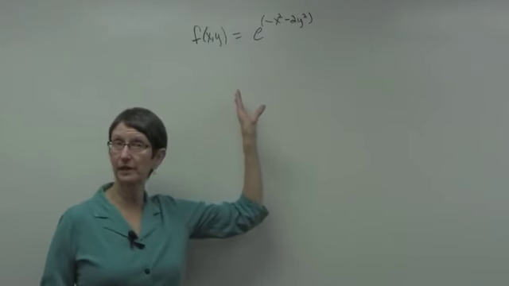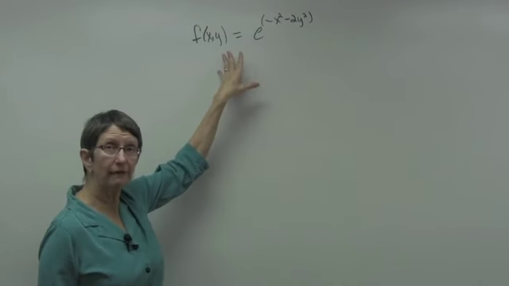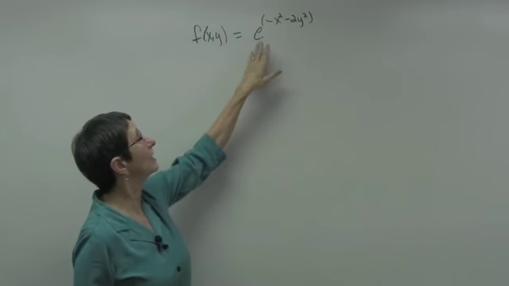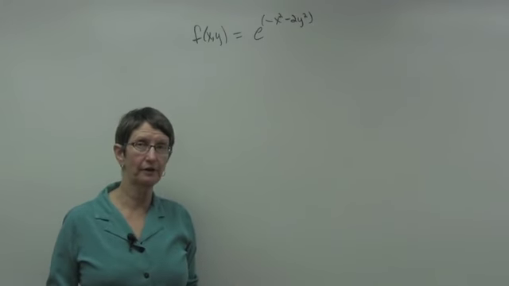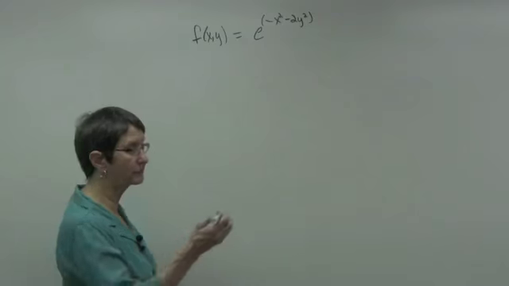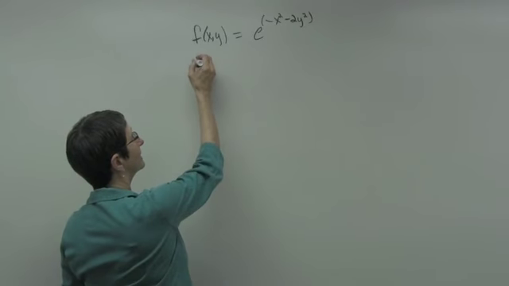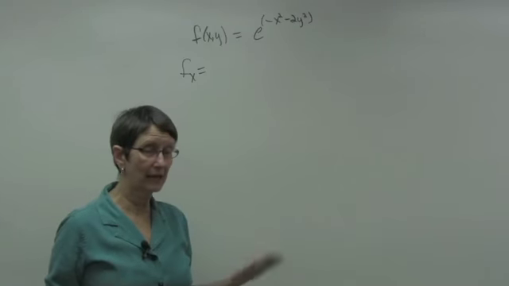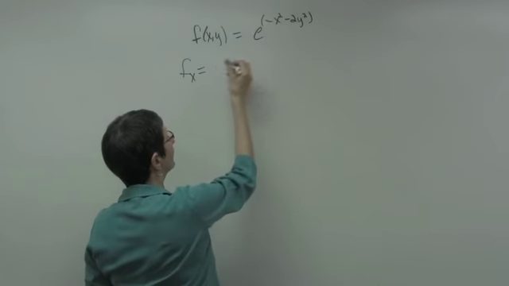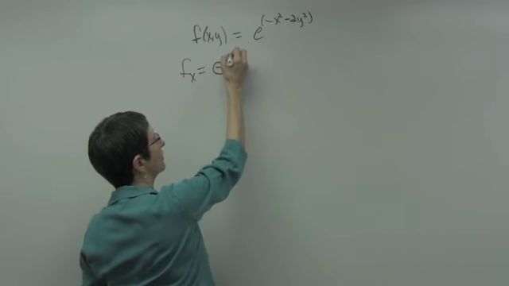Now here's a scary looking function. Exponential: f of x y is equal to e raised to the power negative x squared minus 2y squared. So we have to do our partial derivatives. Partial of f with respect to x. Okay, if it's an exponential function, the derivative is part of the original function.